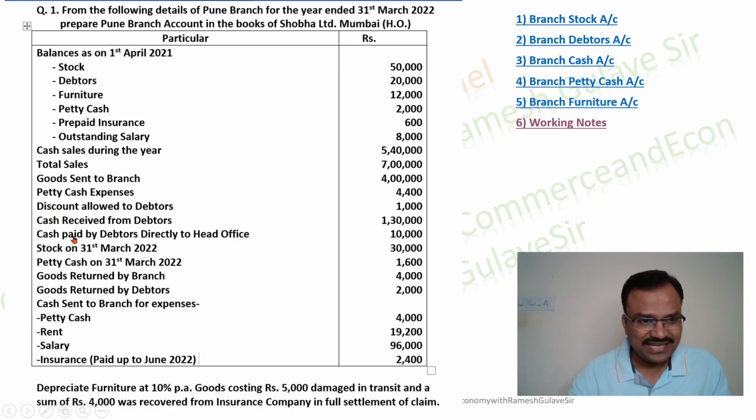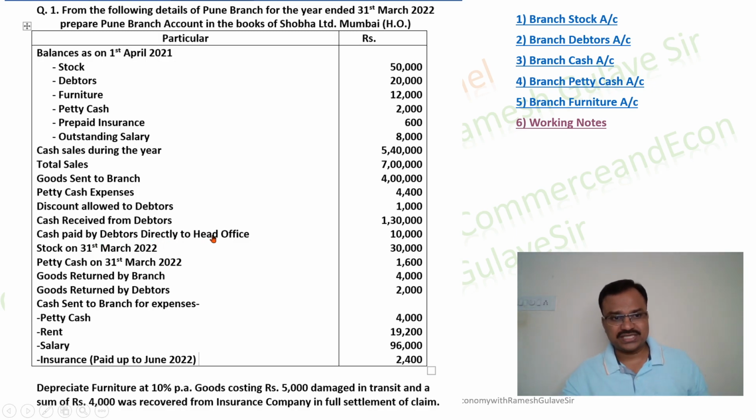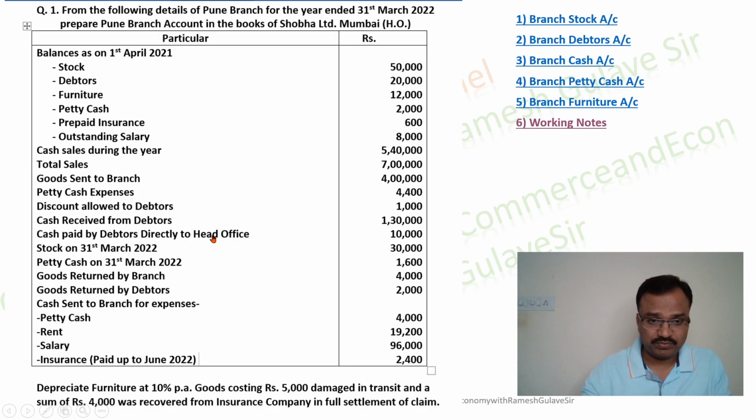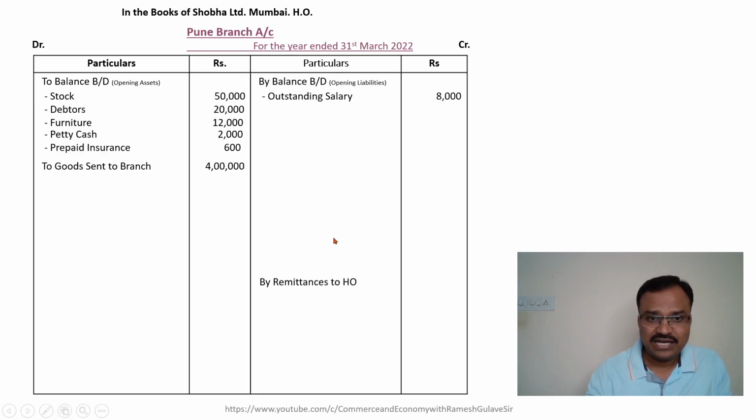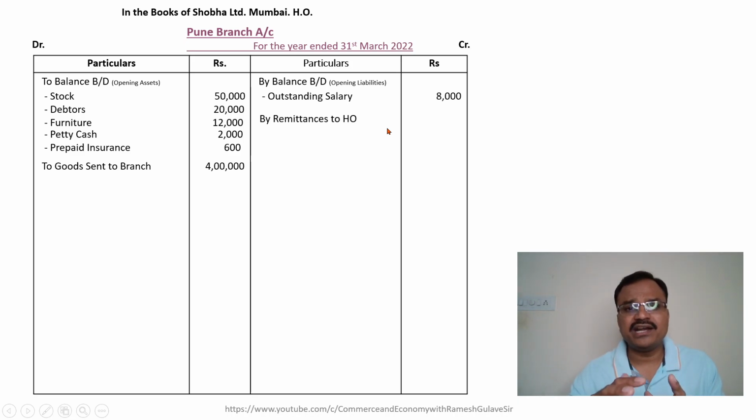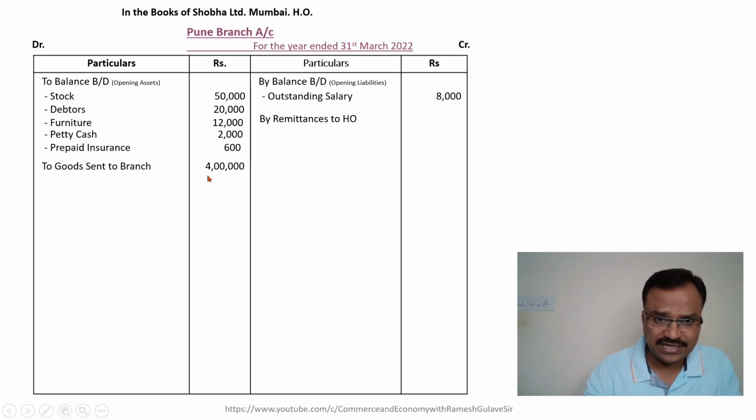Then next point is cash paid by debtors directly to head office. See friends, here the point is that cash paid by debtors directly to head office. This point we are going to record in the branch account. So we have already discussed that we have to record the remittances to head office, or cash sent by branch to head office, under this title.